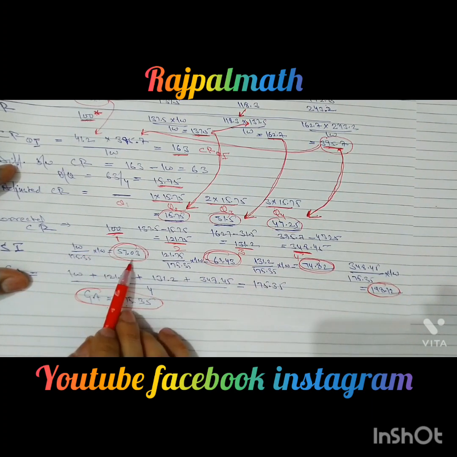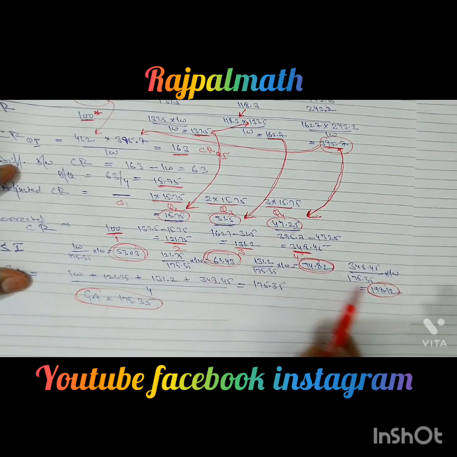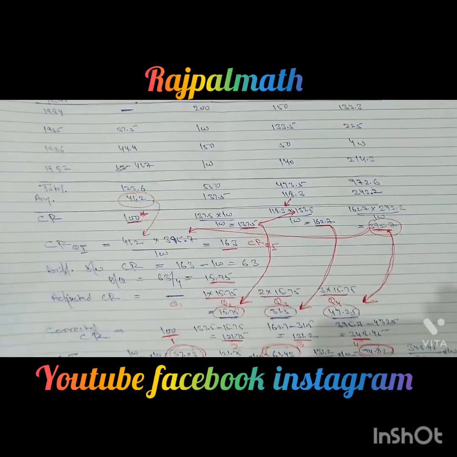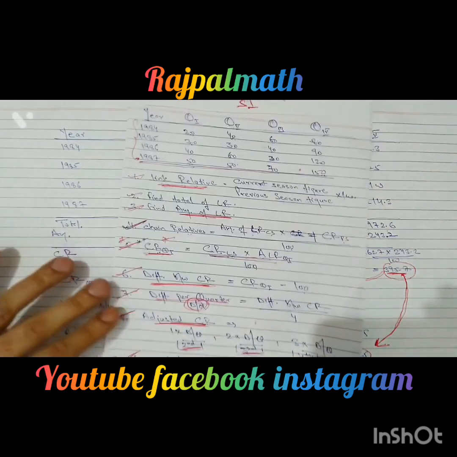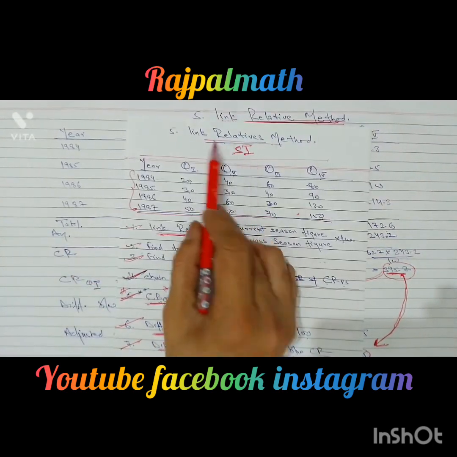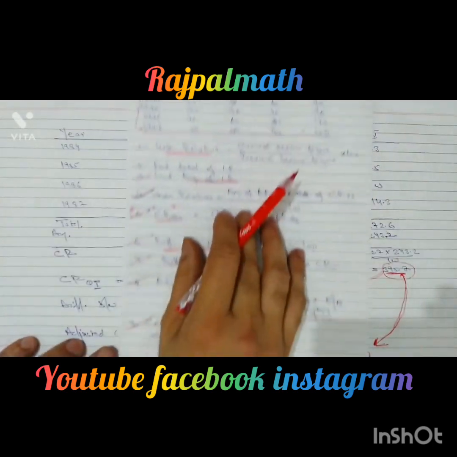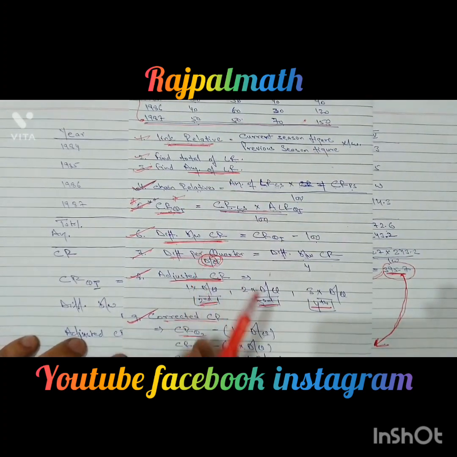These are the seasonal indices for the first, second, third and fourth quarters. So from this question, find the seasonal index by the link relative method. Follow these 10 steps.